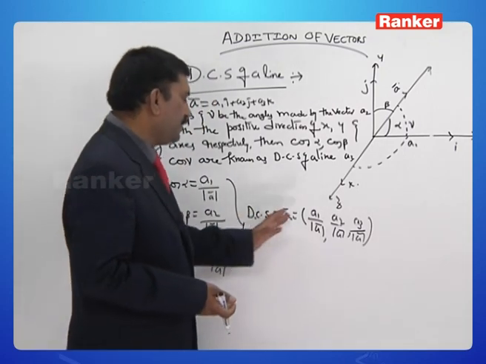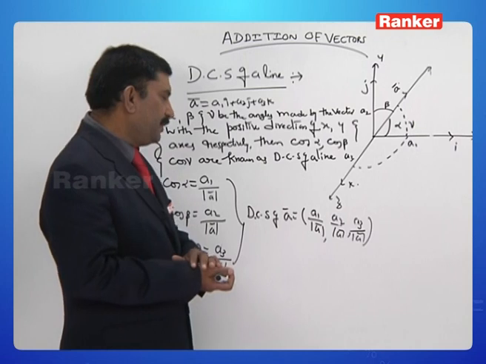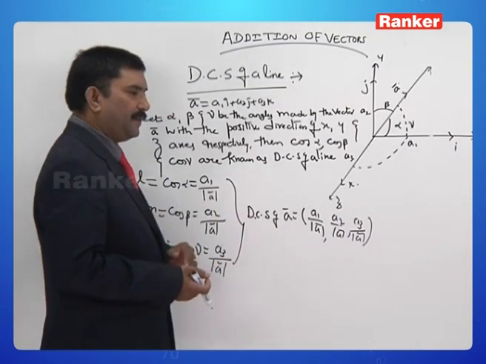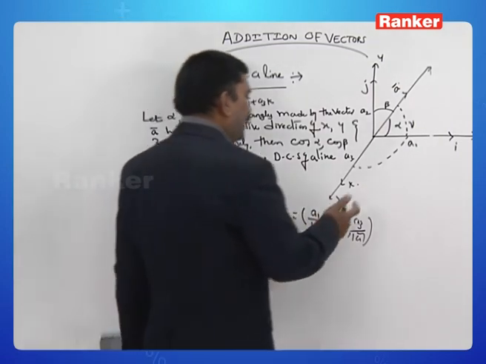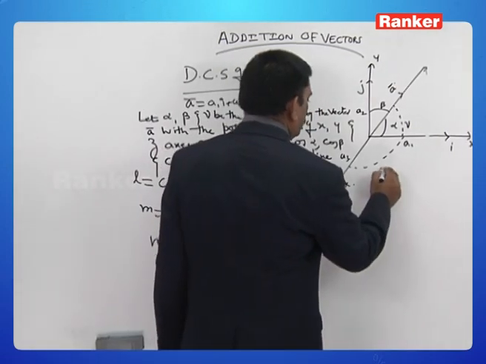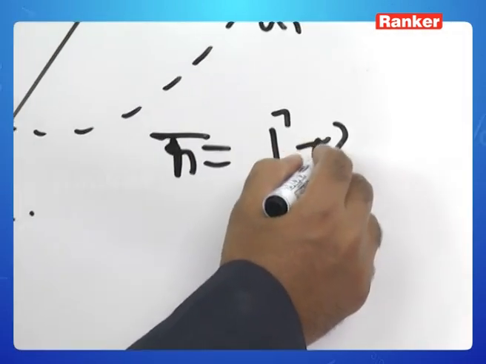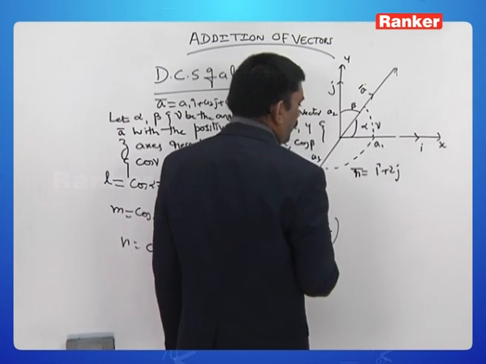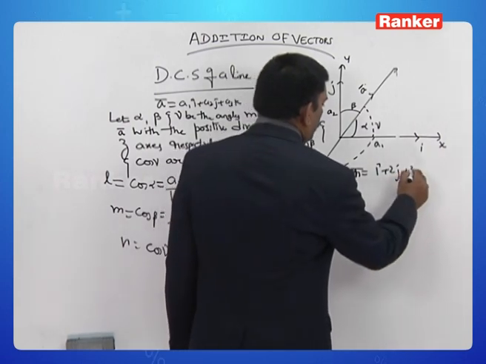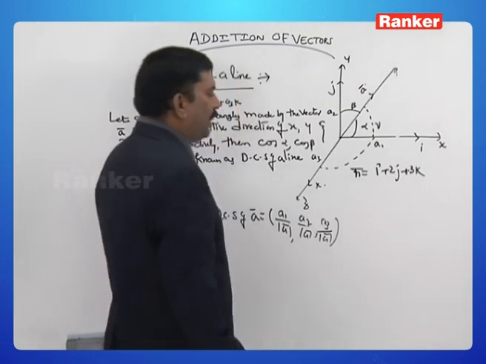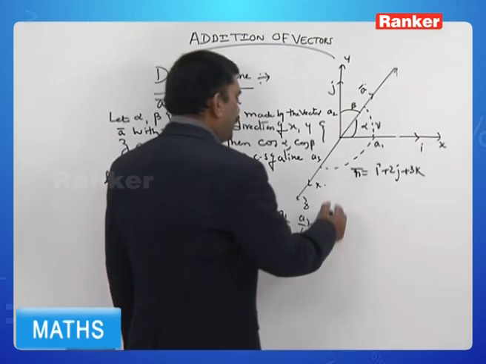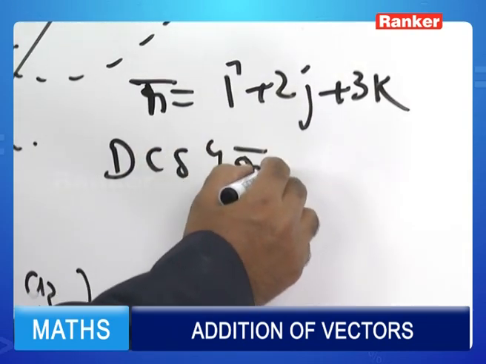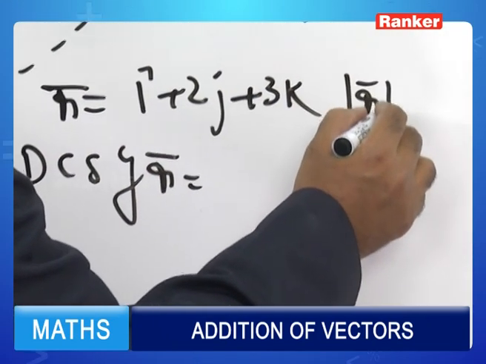So therefore, the DCs of A bar are A1 by modulus of A bar, A2 by modulus of A bar, A3 by modulus of A bar. When you know the DCs of A bar, say for example, if I take R bar equal to i plus 2j plus 3k, now you can find the modulus of R bar.